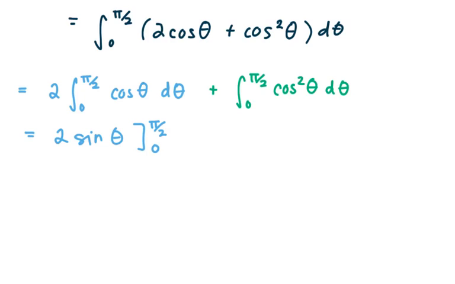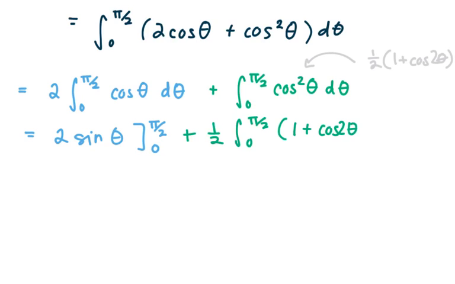And for this second integral, we use a double angle substitution. Cosine squared theta is 1/2 times the quantity 1 plus cosine 2 theta. So the 1/2 will come in front. I have 1/2, the integral from 0 to pi over 2 of 1 plus cosine of 2 theta.